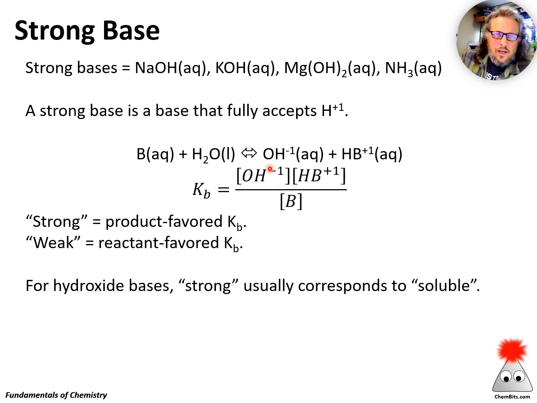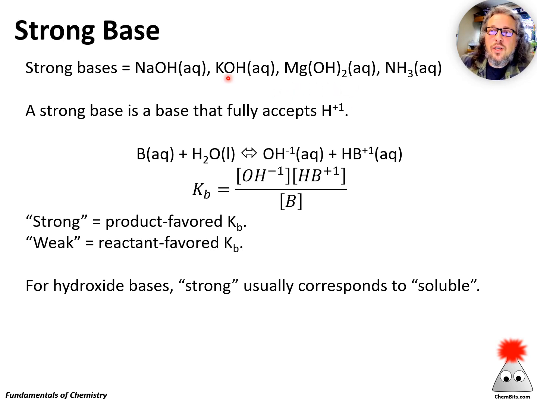Now, we have to be a little careful about bases, because for hydroxide bases, and a lot of these are hydroxide bases, when we say that something's strong, what we really usually end up meaning is that it's soluble. So from our solubility rules, remember that most hydroxides are insoluble except for group 1, ammonium, and a little bit of group 2.